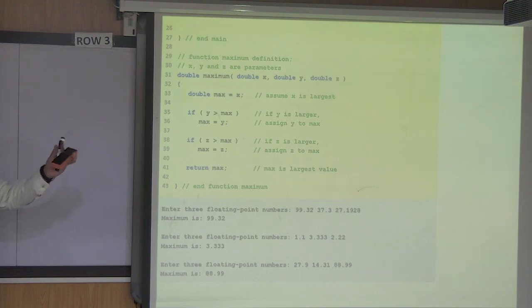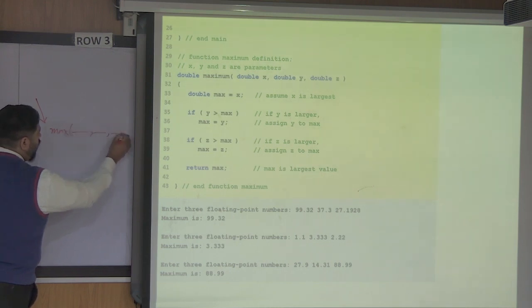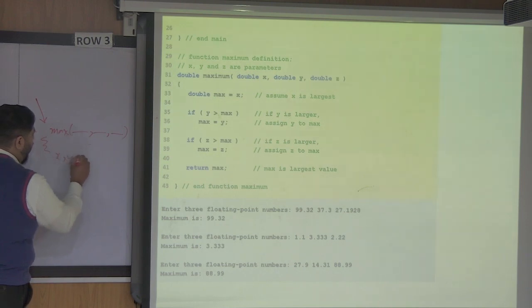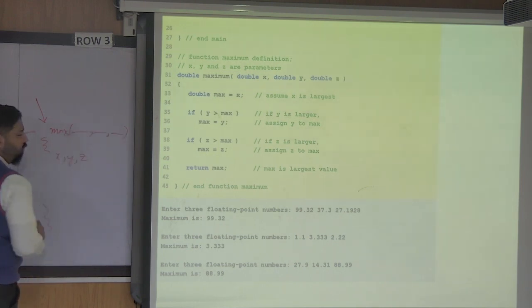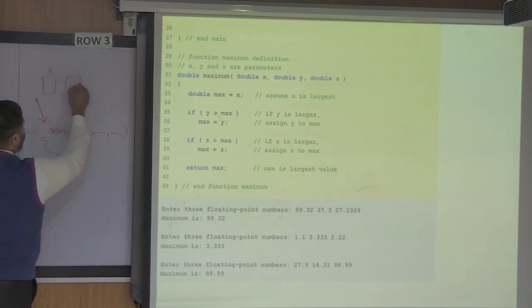So x, y and z are local. As the control enters the block of maximum function, x, y and z are there. Let's say create हुए. What is the storage concept? Okay, ये create हो x, y.